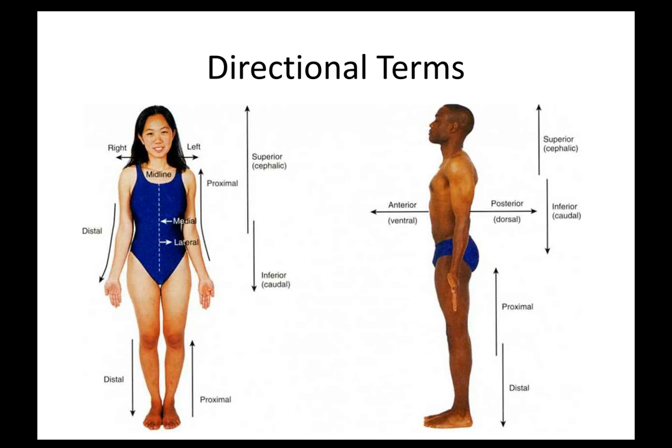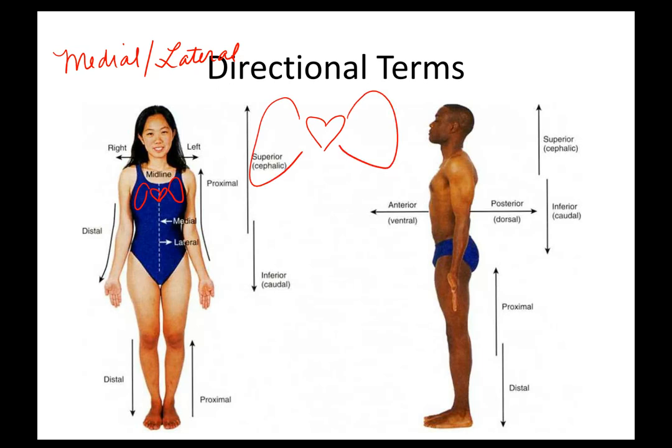Okay? So looking at directional terms, let's start with medial and lateral. So if I put a heart here and two sets of lungs, right? Because we have two lungs, you're always comparing 2 points on the body when you're doing directional terms. And it has to be on the body because you're describing the relationship between them. So for the heart with the lungs, the heart is toward the middle of the body compared to the lungs.